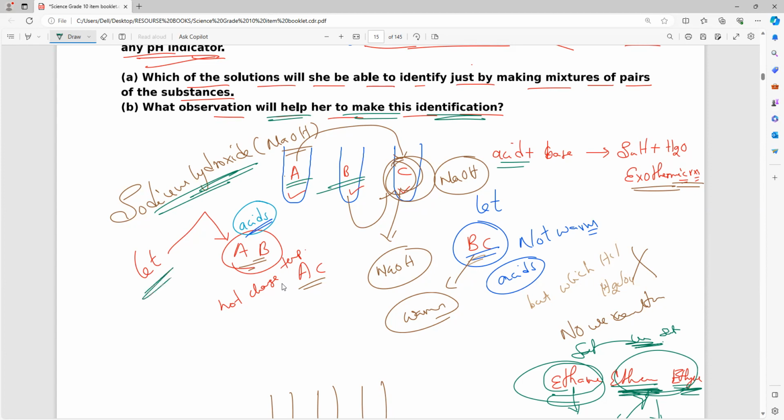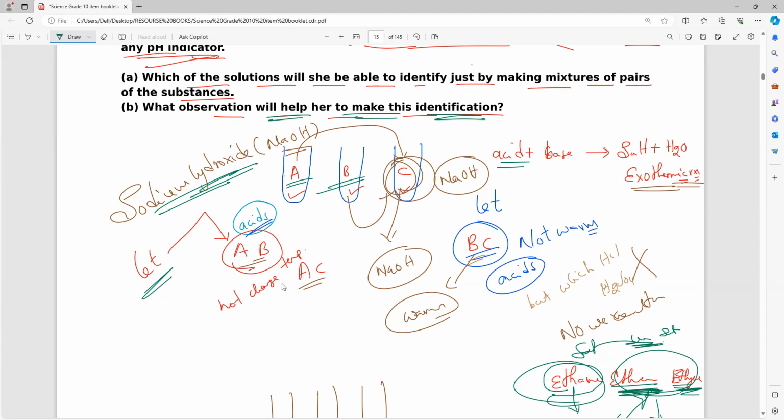Let's say I don't know which are the acids. Three possibilities are there. In that, definitely two possibilities will get warm. The possibility which is not feeling warm, I will identify both are acids, and then the third one is definitely the base. That is what you have to remember. Understand, everybody?